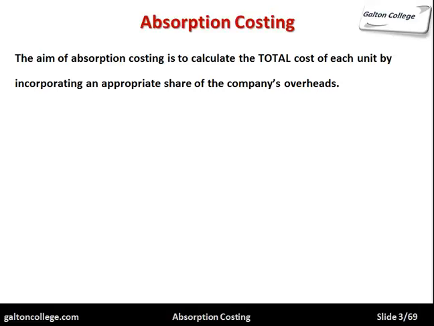So there are many other costs that need to be included, and accountants need to find a way of generating costings on the product which will reflect the overheads as well as the variable costs of production.